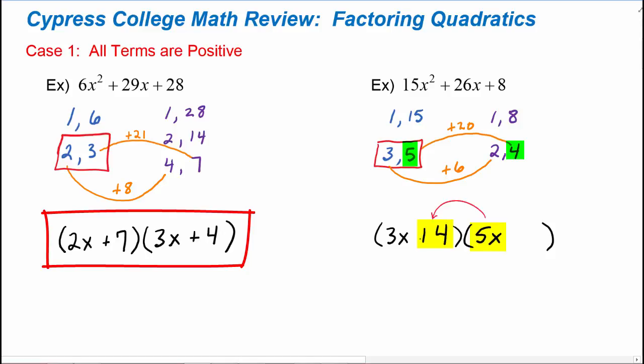So we get a plus 4 because we want their product to be a plus 20. The 3 has to be tied to the 2, and we want their product to be positive 6. So down here, I want the 3 to be tied to a positive 2.